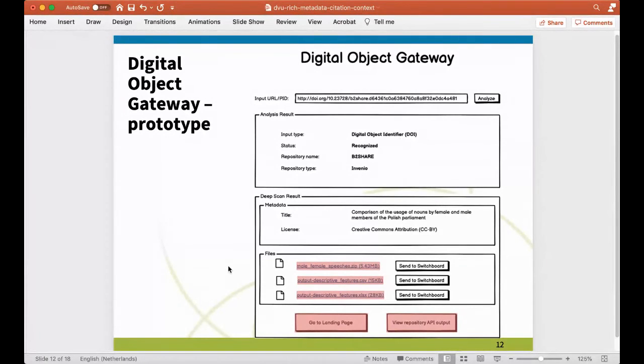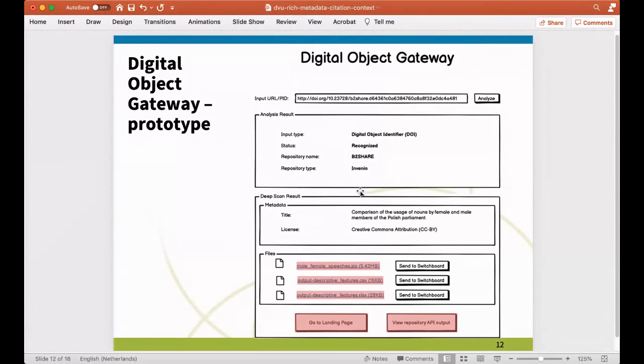As you can see here, there's an example that is pointing to the EUDAT B2Share repository, which is powered by the Invenio repository. So this piece of software would recognize that this is such an object stored in such a repository, and then by using repository-specific API calls, would be able to mine some additional information out of this.